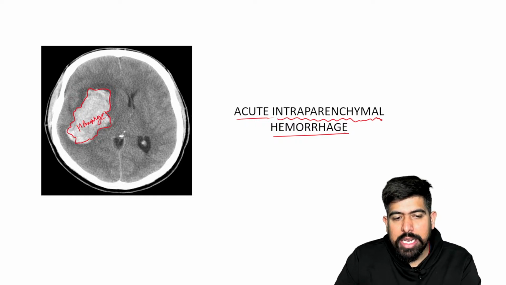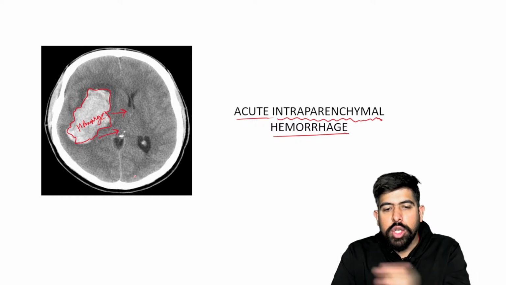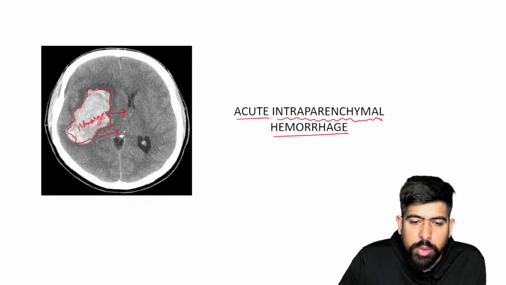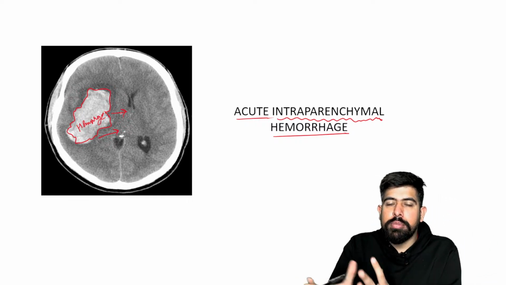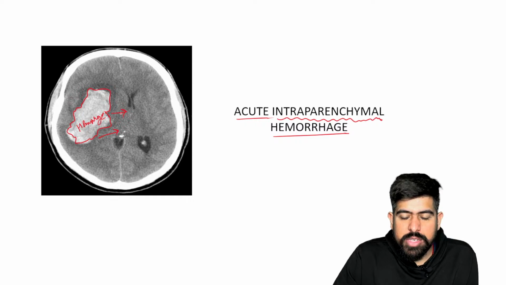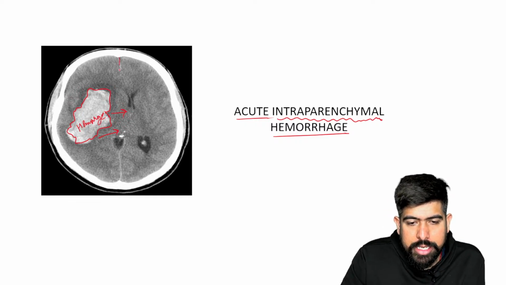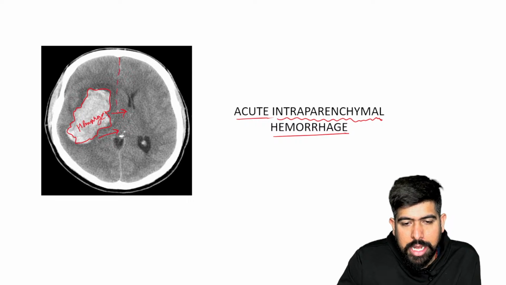So an intraparenchymal hemorrhage will be seen on this CT scan, and you can see that this hemorrhage is pushing the brain, pushing the cerebrum, away from the midline.